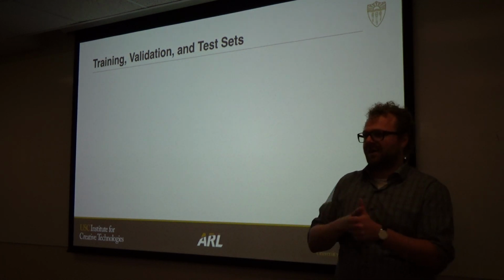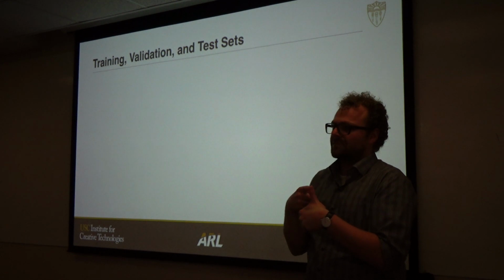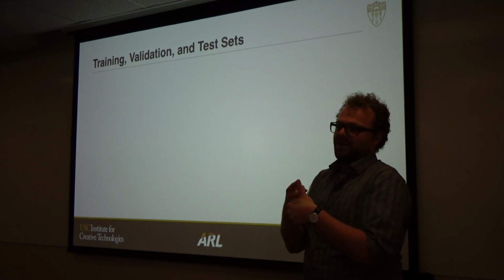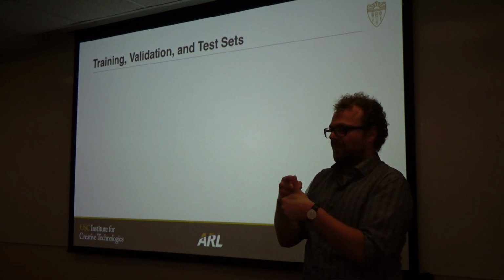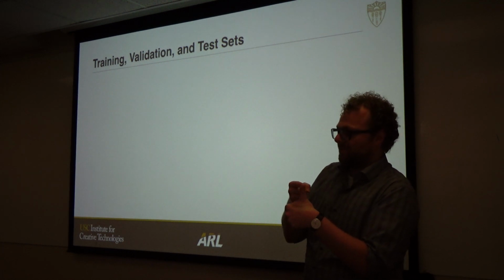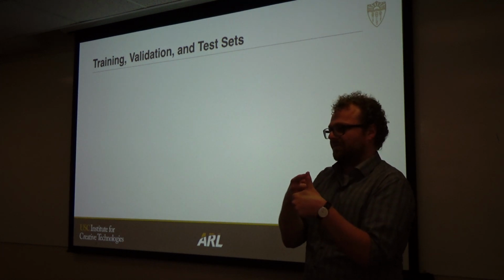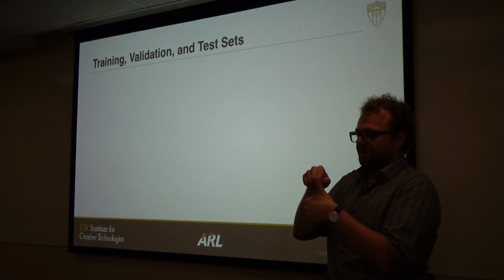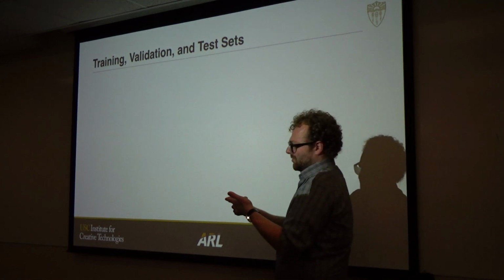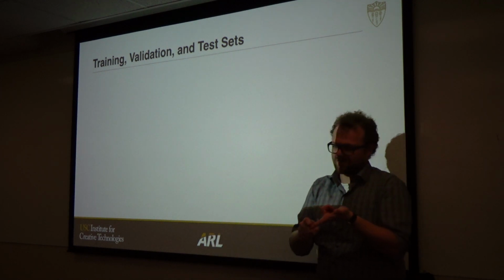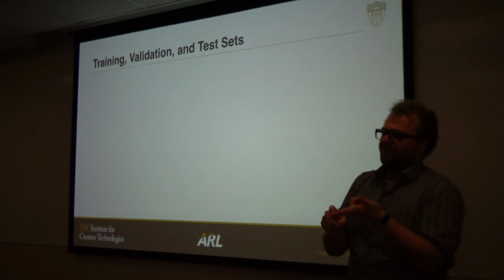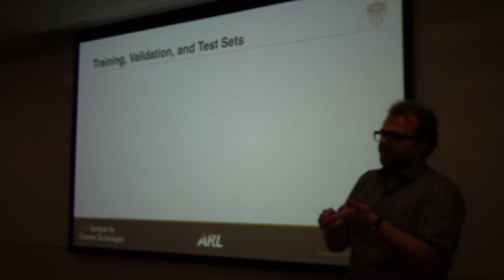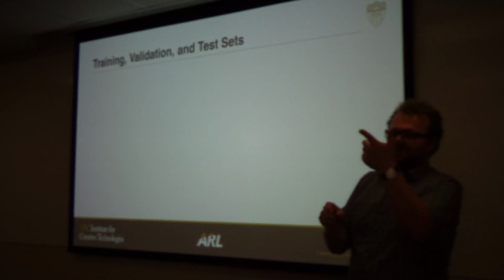So what do we do with the training set? We train our model, we adapt the model's hidden variables, and we want to identify the empirical error on our training set. So we optimize for that. With the validation set, what do we do? Exactly.